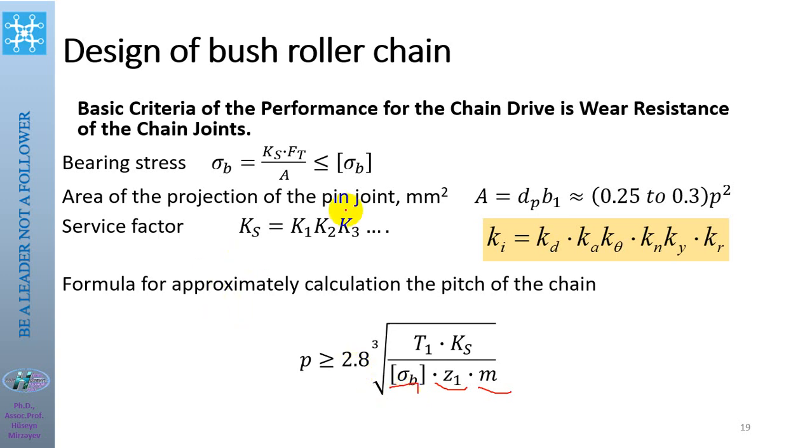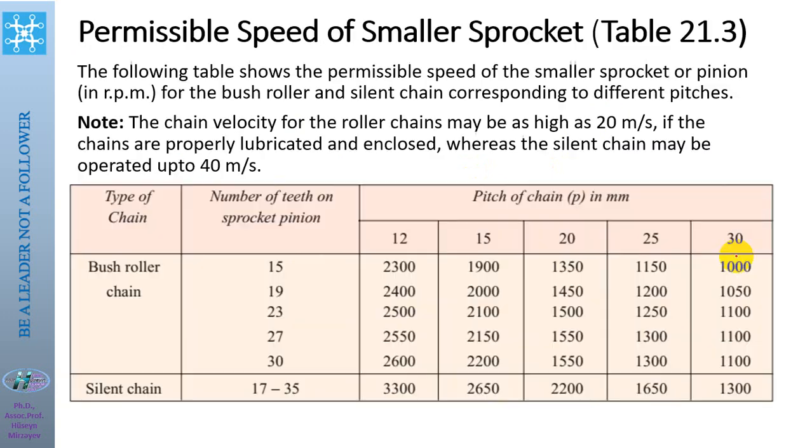Area of the projection of the pin joint may be calculated as in these formulas. This bearing stress is also calculated depending on the transmitted power, tangential force, and area of the contact surface. And service factors, taking into account some factors of the servicing.